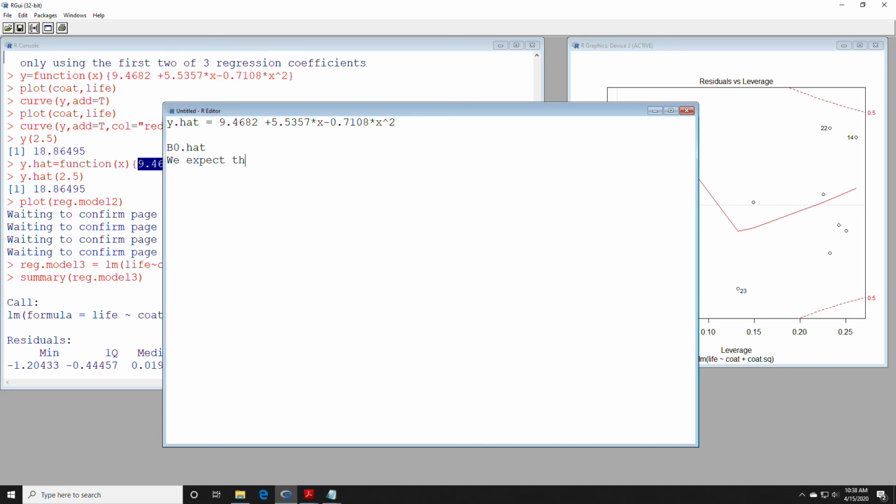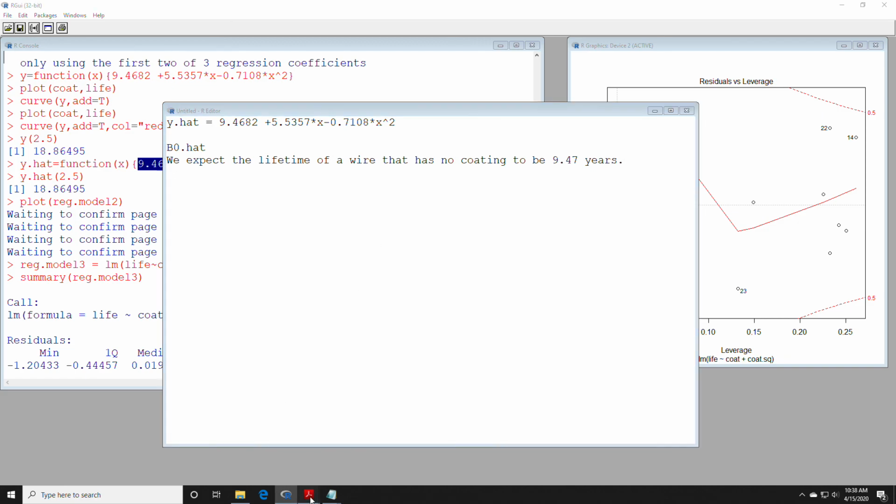we expect the lifetime of a wire that has basically no coding, 0 millimeter coding, no coding, to be 9.47, the intercept, years. So that actually has a very nice interpretation.